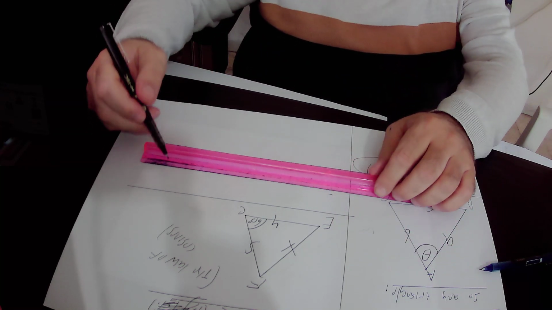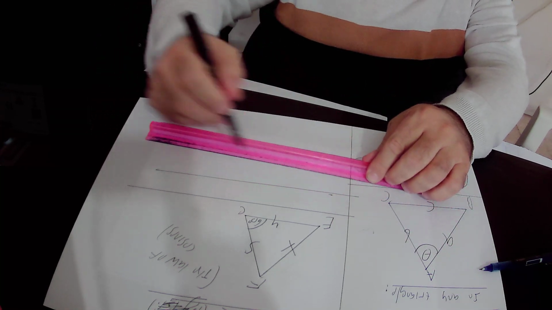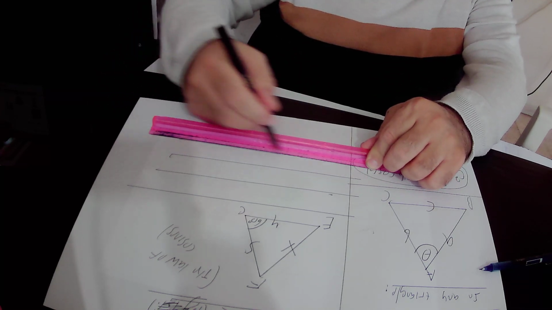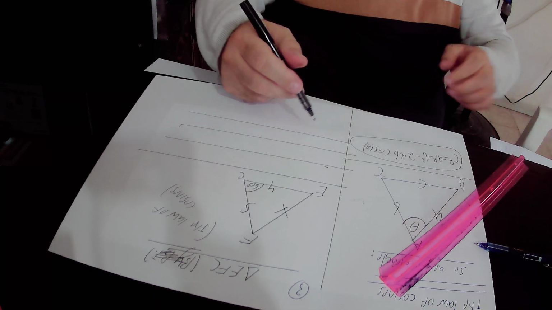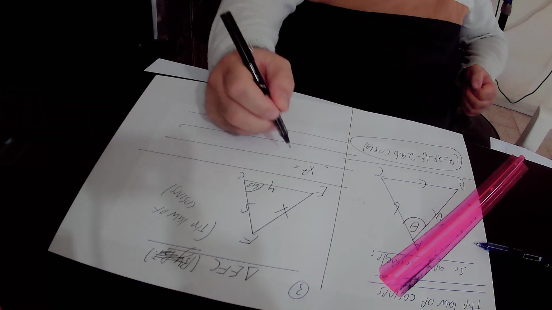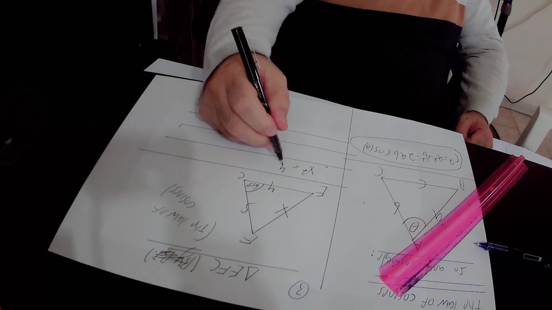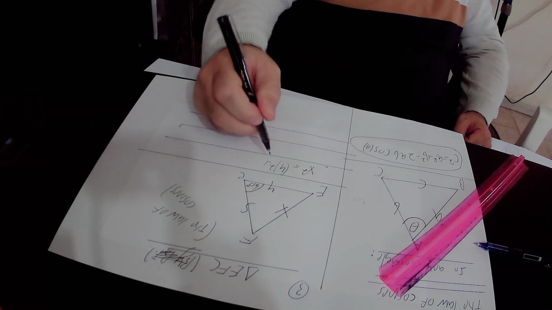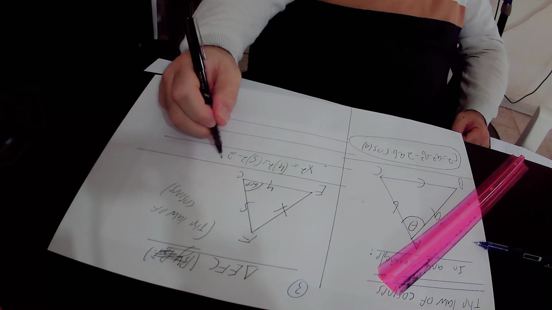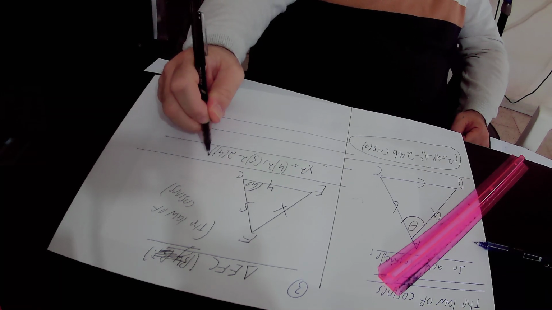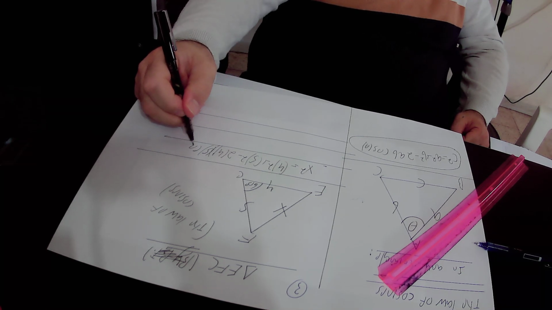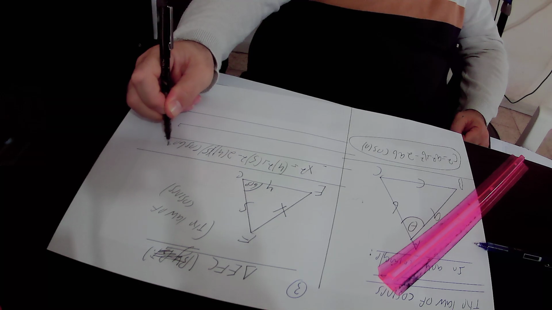According to the law of cosines, we get here that x squared equals 4 squared plus 5 squared minus 2 times 4 times 5 times cosine 60 degrees.